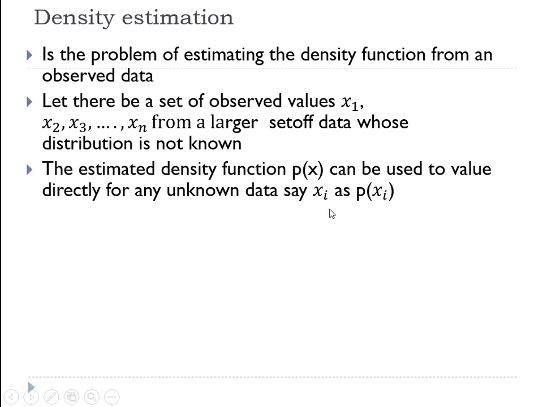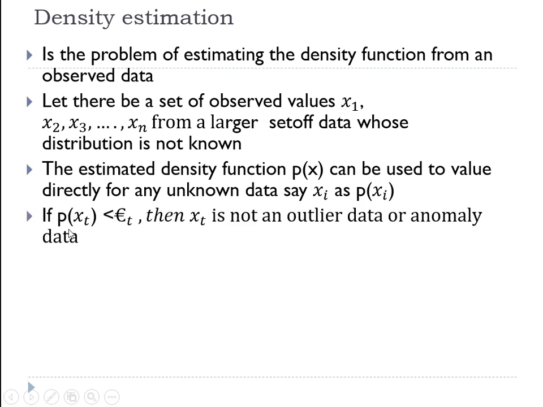So for any unknown data xi, I can find out the estimate. In the example which I just started, xi was glucose, in one case glucose in presence of diabetes, and in the other glucose in absence of diabetes. So it can be anything.